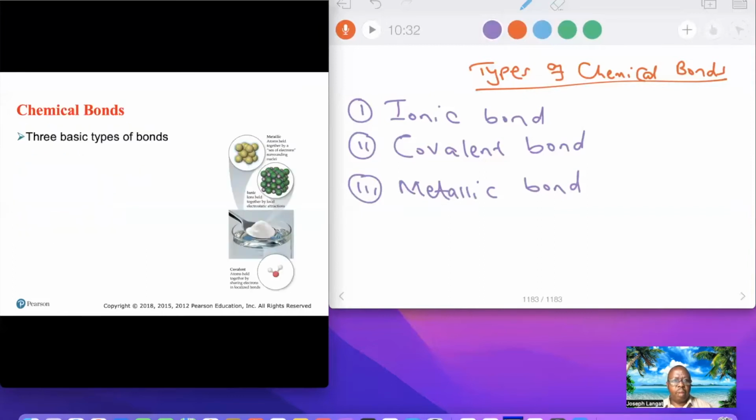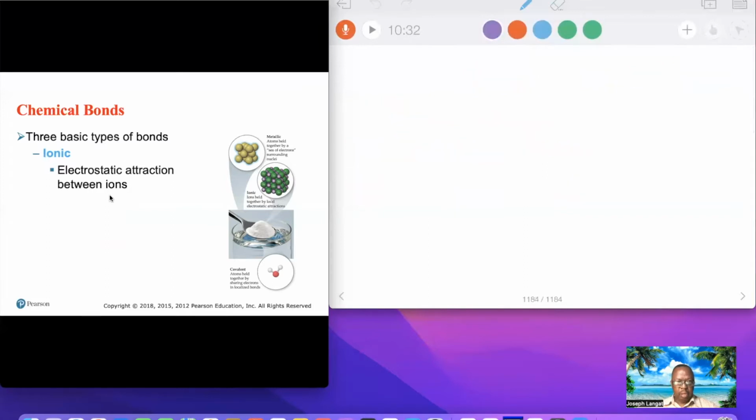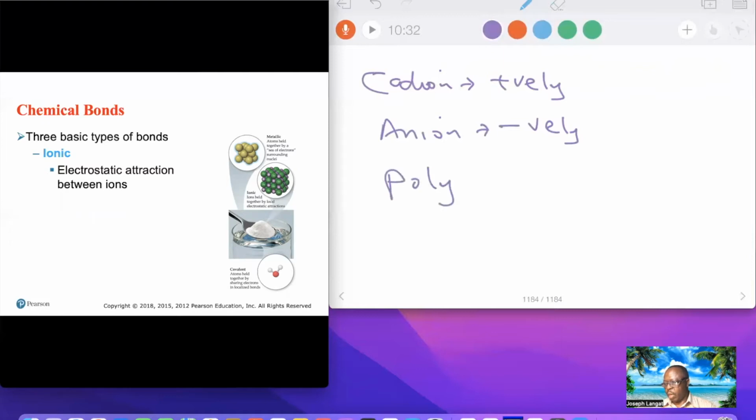Now, chemical bonds, there are three types, as I explained. There is ionic bond, which is electrostatic force between ions. Remember, when we say ion, here it could be cation, which are positively charged, anion, negatively charged, or polyatomic ions, which we looked at earlier on.